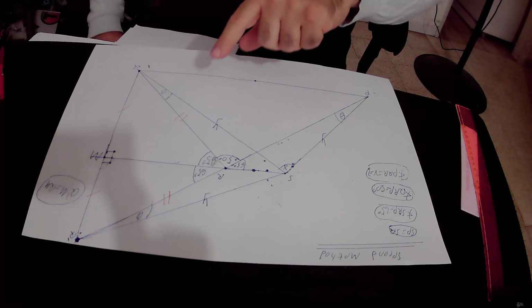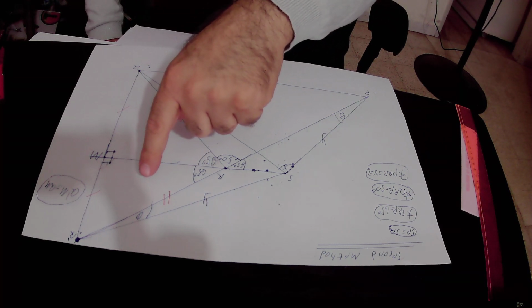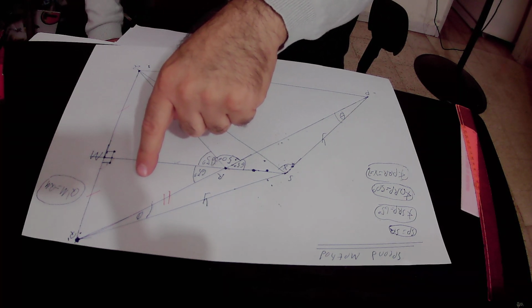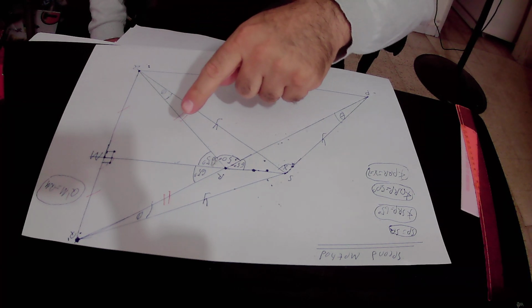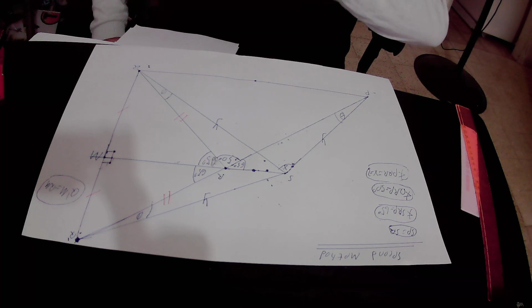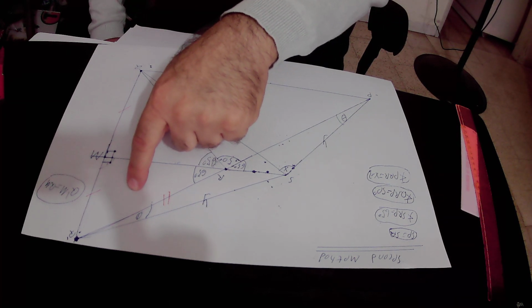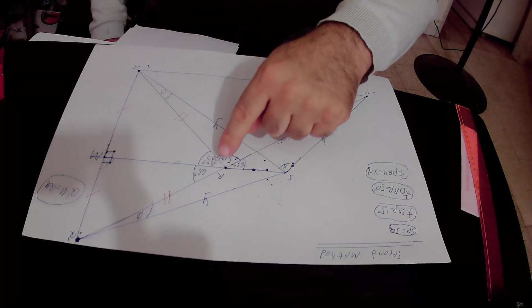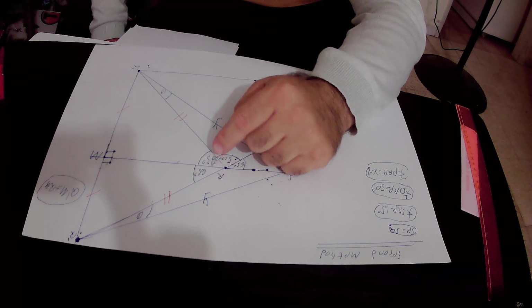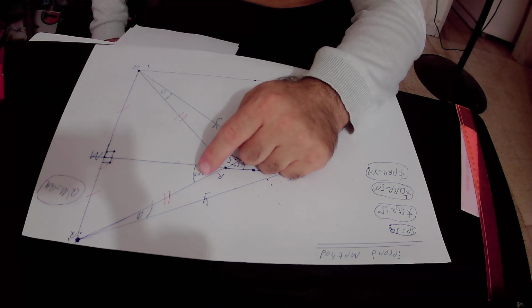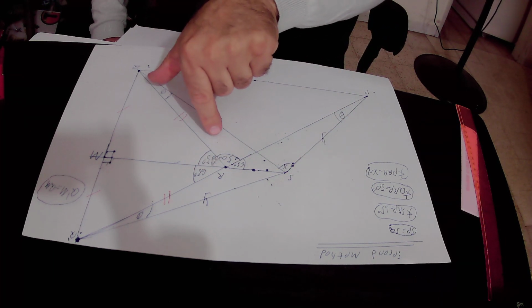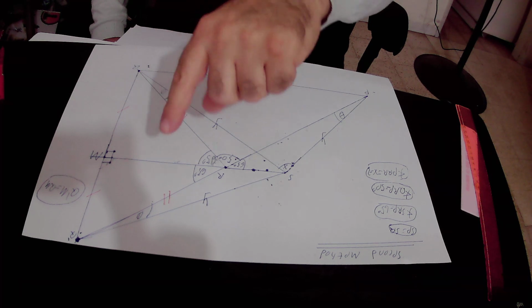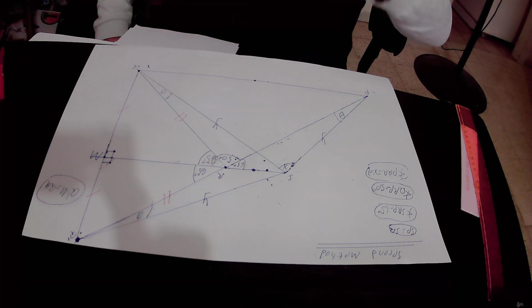Then we proved that those two triangles are congruent to each other, and therefore we can conclude that those two angles are equal to each other. So if this angle is 65 degrees, this angle must also be equal to 65 degrees, and those two sides, side QR, must be equal to side RQ dash according to the rule that corresponding sides in congruent triangles are equal to each other.